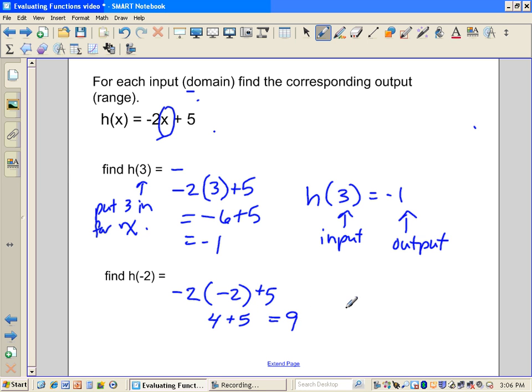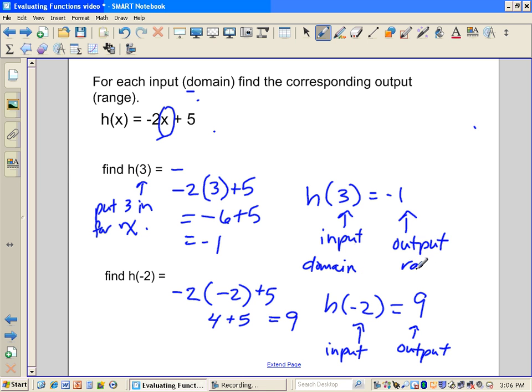My answer is 9. So h of negative 2, my input, is equal to 9. This is my output. Remember, the other words we're using for this is input is my domain, output is my range.